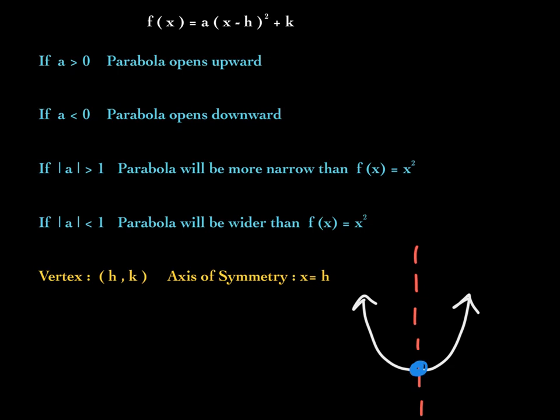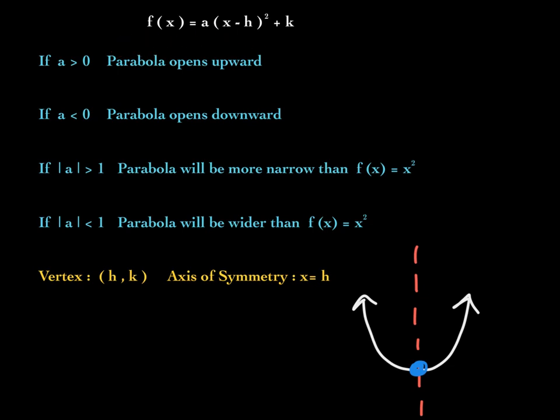So the AOS will always have the equation x equal to, because it's a vertical line, x equal to this first coordinate, x equal to h.